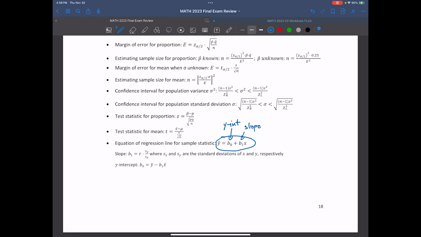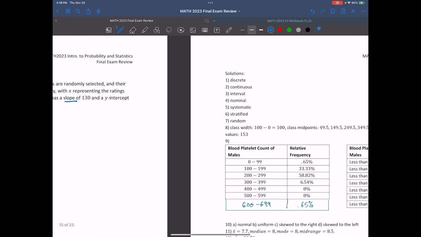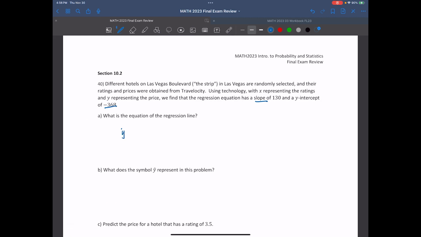So let's plug this into our regression equation. y hat is equal to minus 368 plus 130x. Y hat by definition is a prediction, and here y's refer to the price.